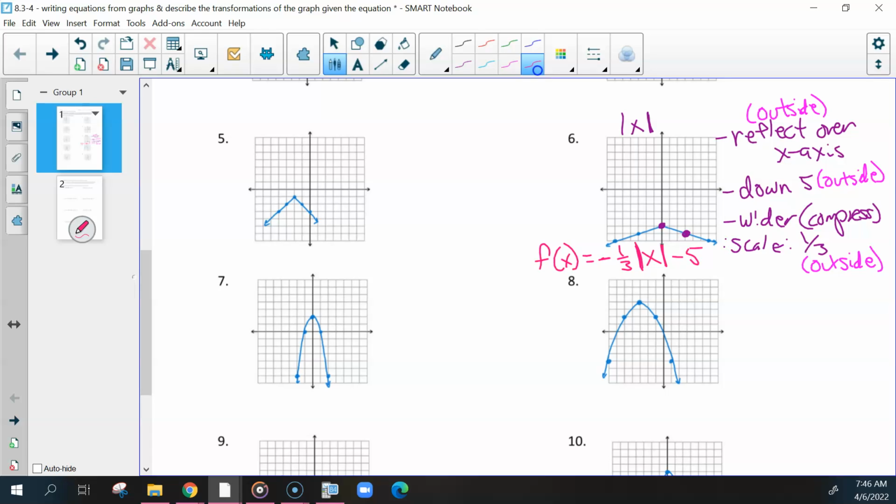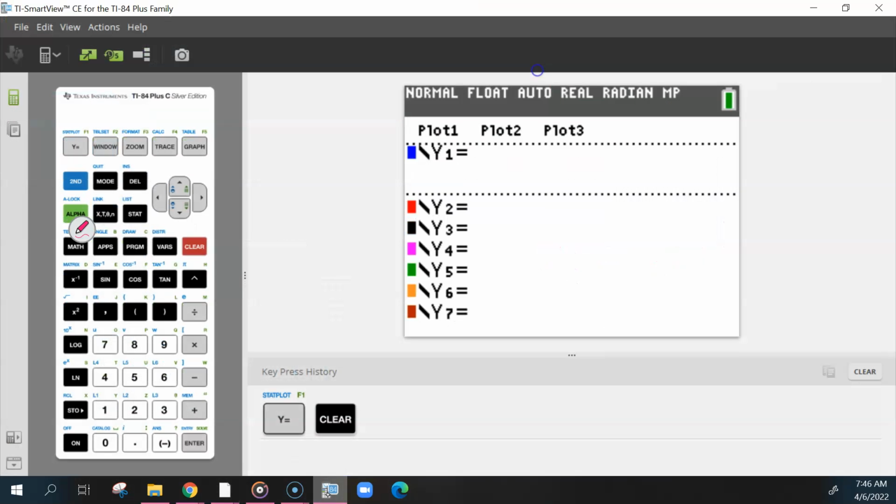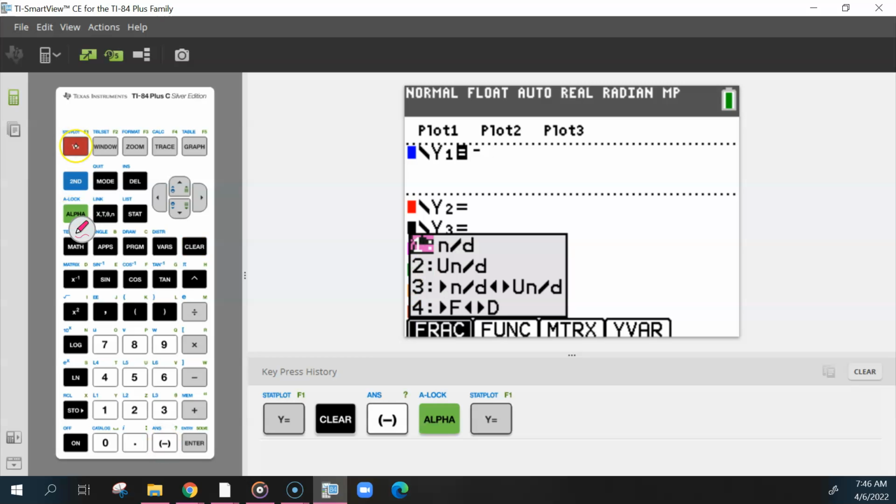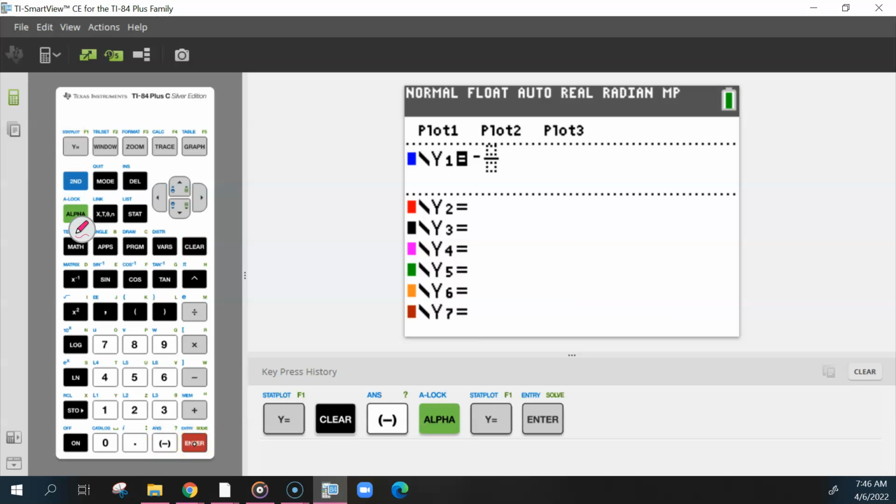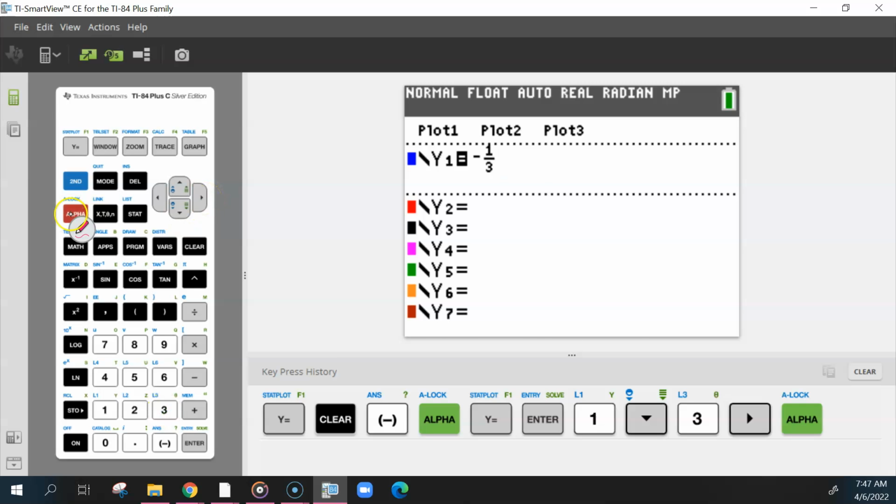So especially when you have your scale factor, you may want to check this in your calculator, make sure the points match. So I'm going to do that really quickly. Negative 1/3 times the absolute value.